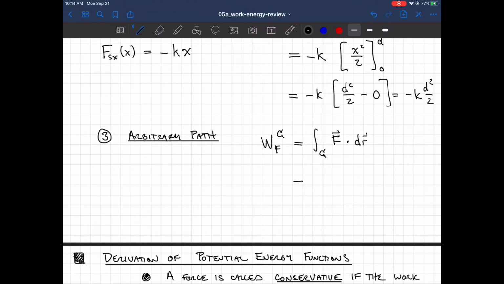But this thing means the force dotted with the velocity vector at every point, integrated over time. So actually, this integral just becomes a regular integral over time, where you have some initial time and final time.